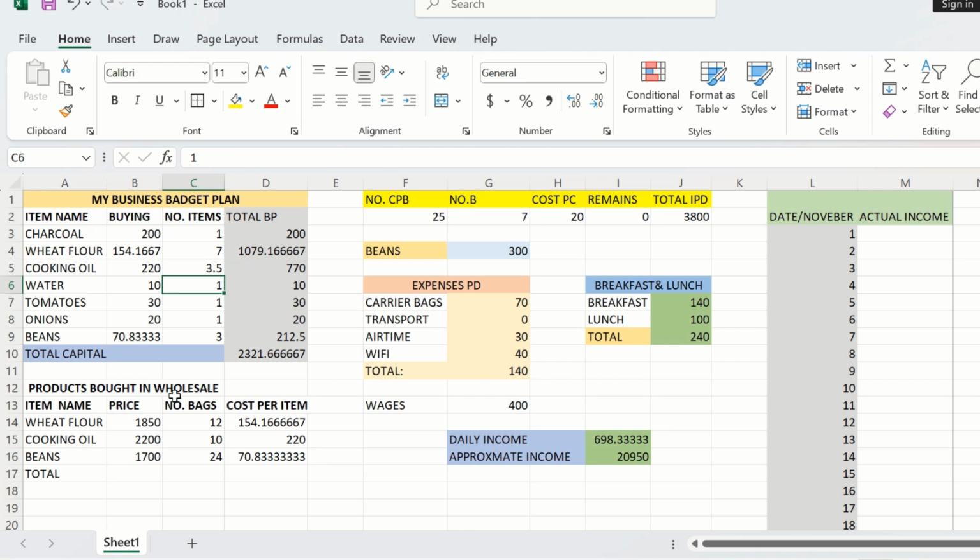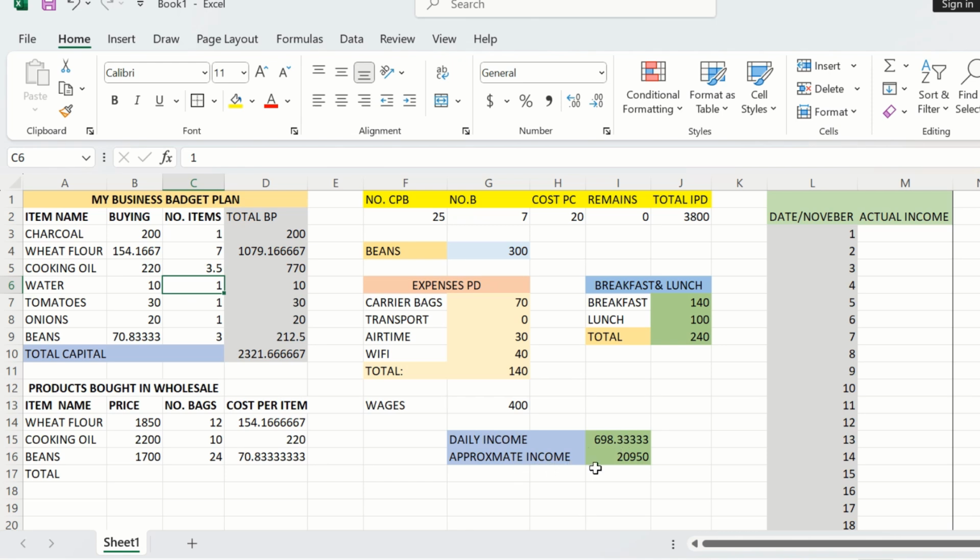We have deducted the capital. We have deducted the 400 for wages. We have deducted other expenses, and we have also deducted the breakfast. So your daily income is 698.33 shillings.